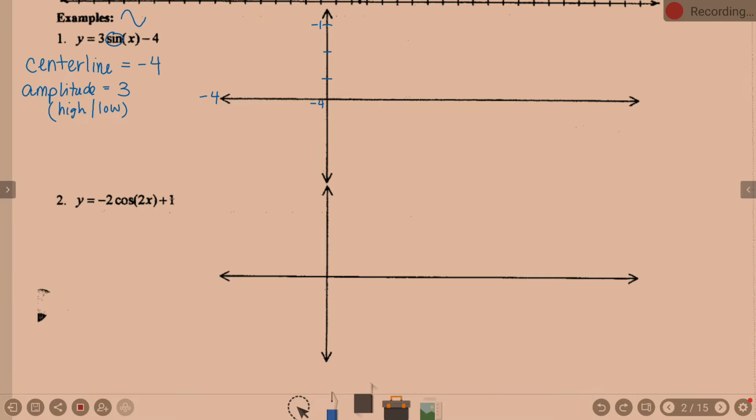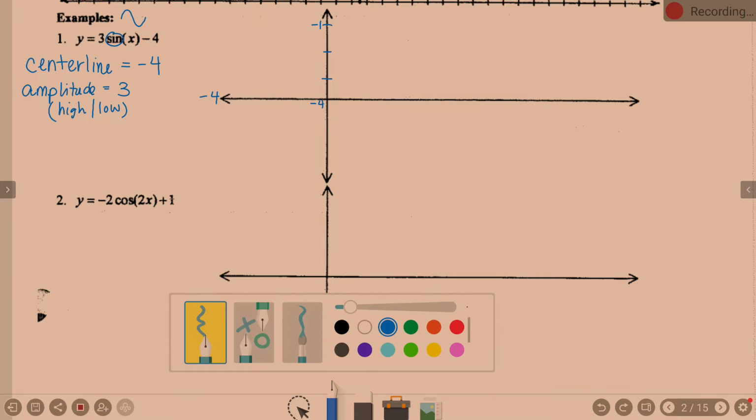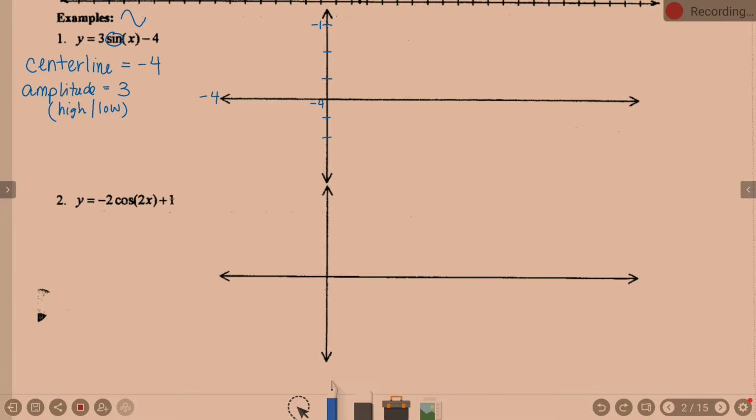So what is my max, and then how low do we go? -5, -6, -7. Are we there? Yep. So instead of me having to take my graph and move it down 4, we're just going to stay on the x-axis. We've just relabeled it.